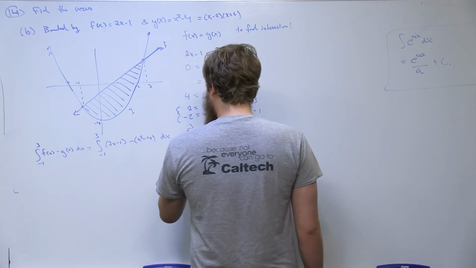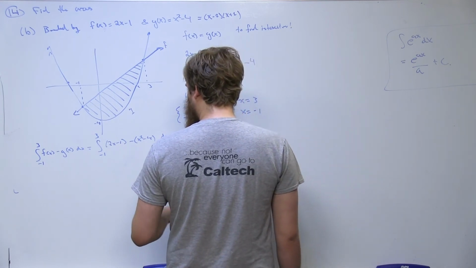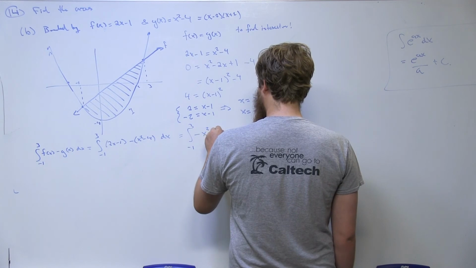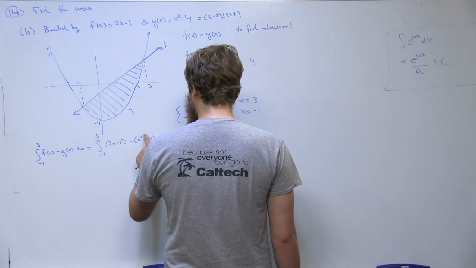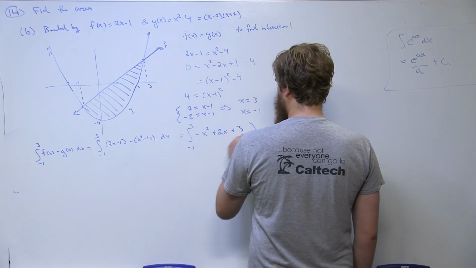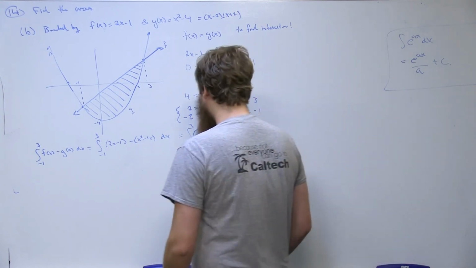So we'll have negative x squared. And what about the coefficient for x? Looks like it's just going to be 2x. What about constant terms? I've got negative 1 minus negative 4. Looks to me like a 3. Okay. So that's what I need to find an antiderivative for.